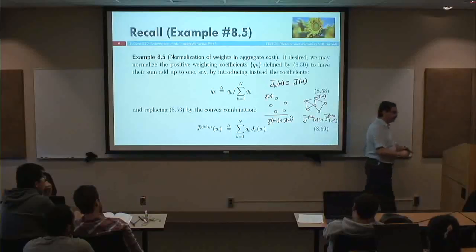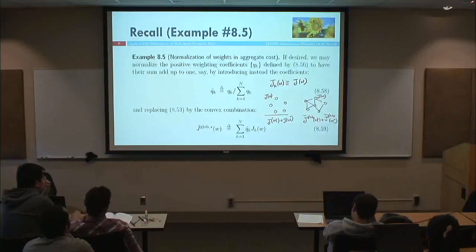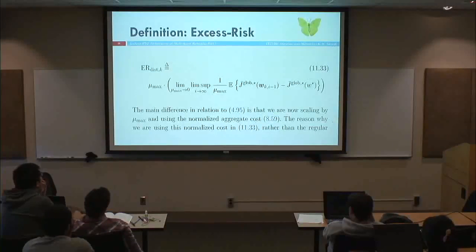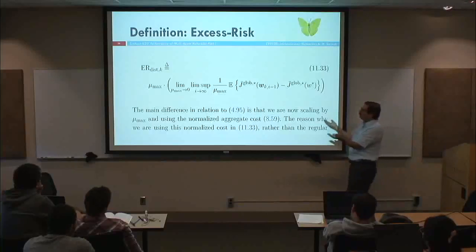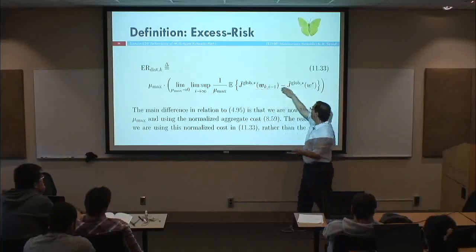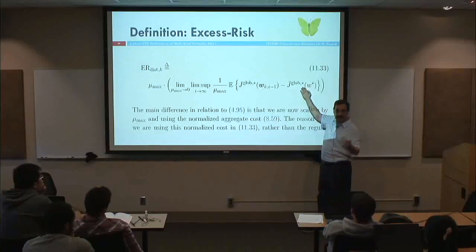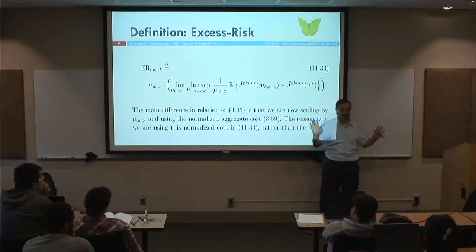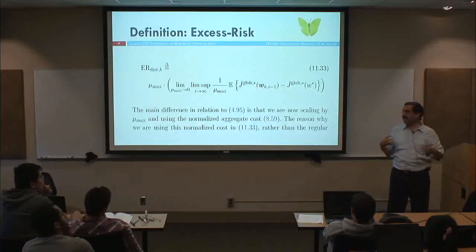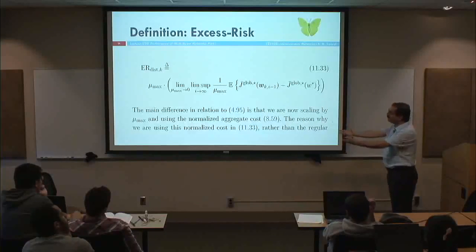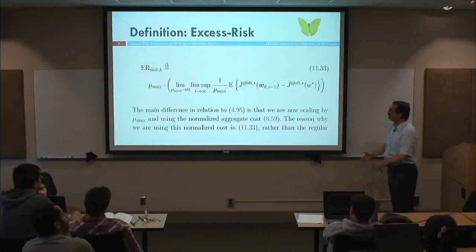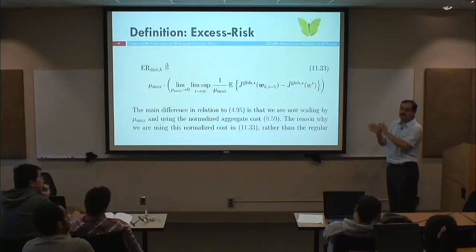So that's why for the excess risk, I want to know how far my cost is from the best it can be. But which cost? The normalized cost, that's all. So that when I compare with non-cooperative solutions or with the centralized solution, the comparison is meaningful. I don't have to worry about scaling and rescaling, okay?